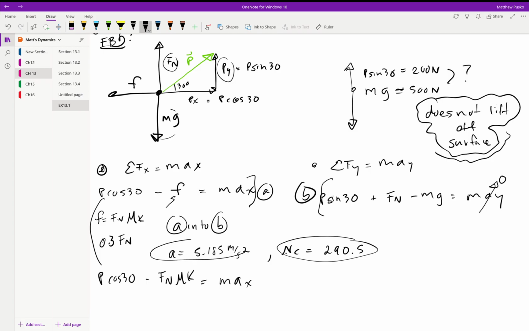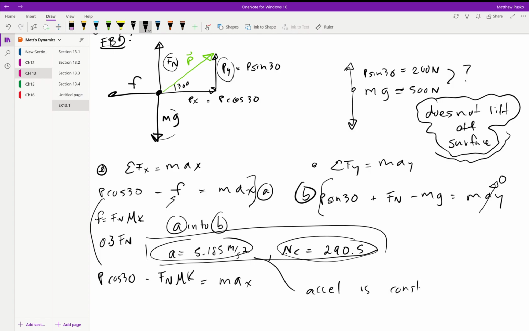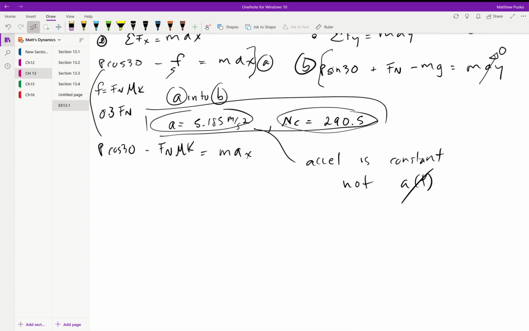Alright, and ta-da! What we find is this acceleration is constant. We know it's constant, it's not a function of time. It's just a number, it's a constant. So we can use constant acceleration to find its velocity. V final is equal to V naught plus the acceleration, in this case in the x direction, times time.